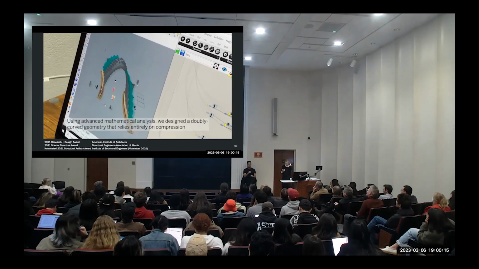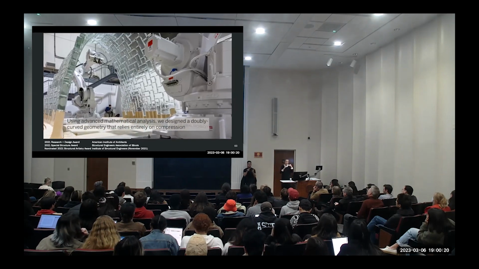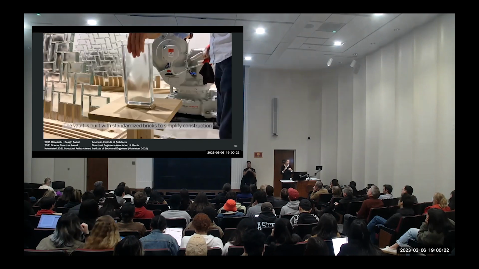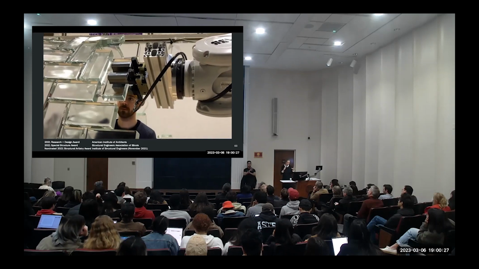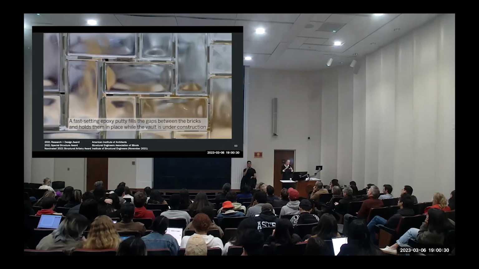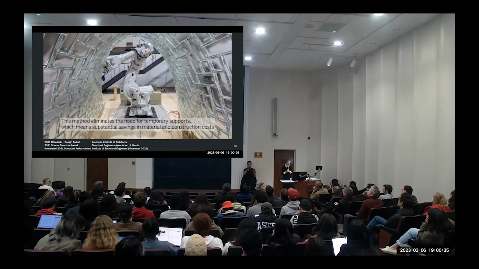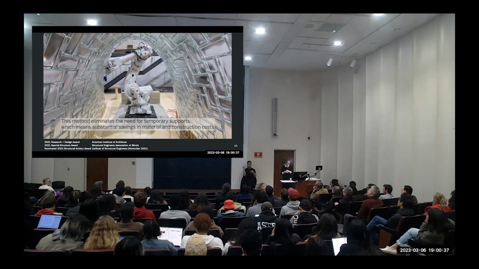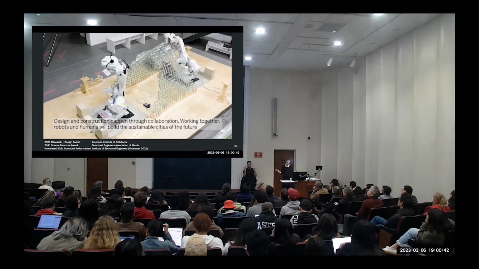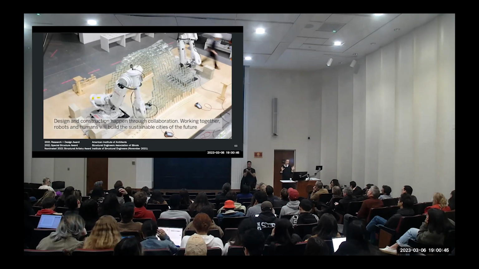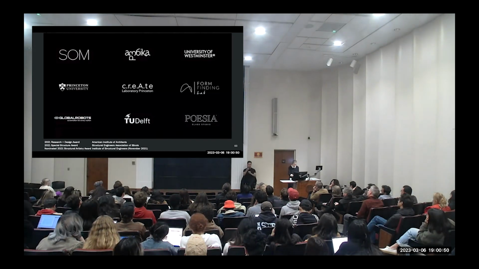So we were doing the form finding for the vault, and we were involved with studying the sequencing and the patterning of the bricks, so that, as you can see here, there is no formwork at all, and the robot is working together with a PhD student in an effort to complete this entire vault. So no temporary supports whatsoever, no construction waste, only humans and robots working together, putting these bricks in the right place.